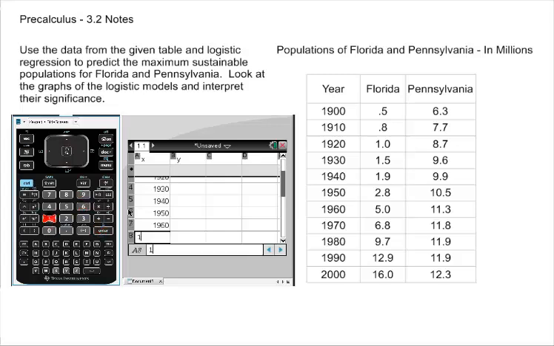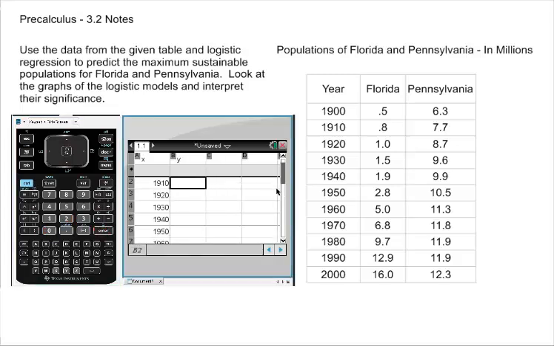We've done several regressions before in this course, and you can always visit my YouTube channel to get some other ideas on how to do this. That's how this is going to work for this particular problem, and it's going to give us the logistic model. We can use that model to estimate the population of Florida and Pennsylvania.